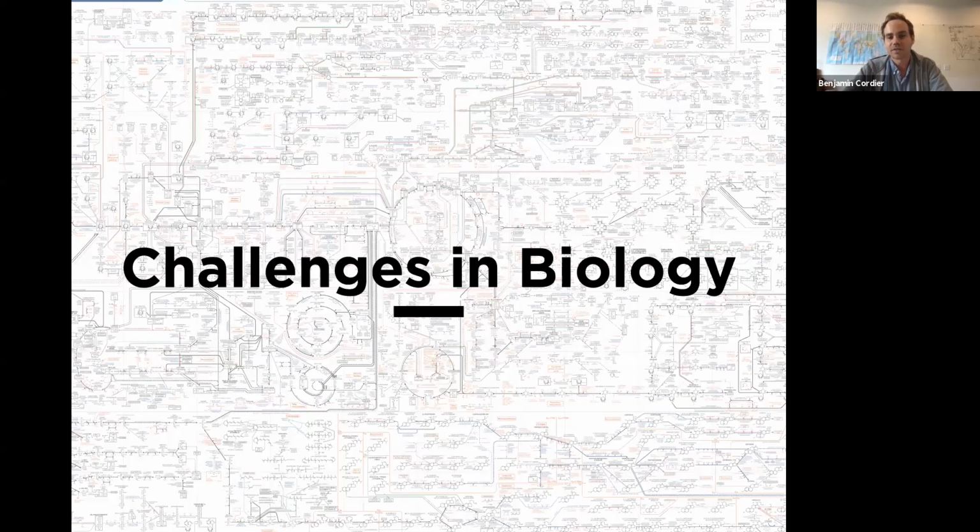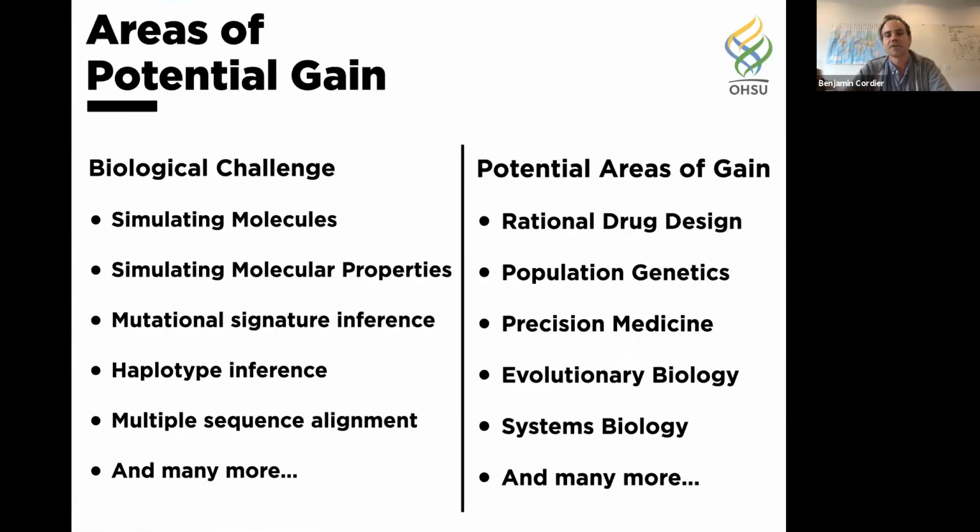Biology is incredibly complex, and we often don't know what we don't know. And so having really powerful computational resources to help us pull apart some of these systems is a really useful thing.